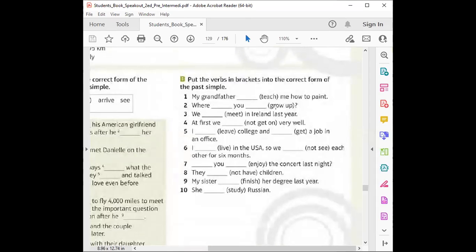Here you have teach, grow up, meet, get, leave, see, live, enjoy, have, finish, and study. Please go ahead. Put them in the correct form according to the sentence. Then we will do them together, and I will play for you the song for the irregular verbs as well.